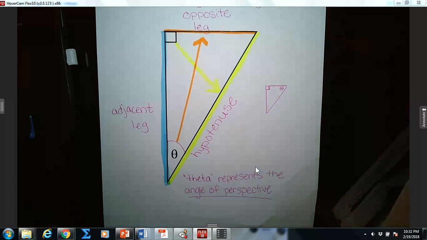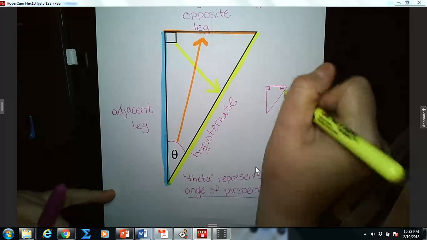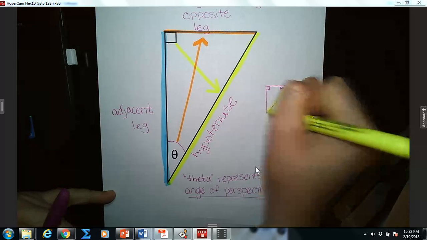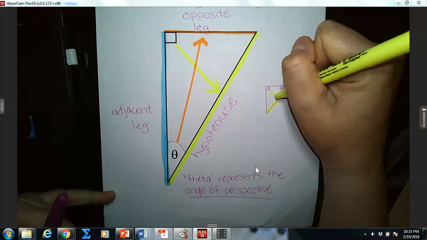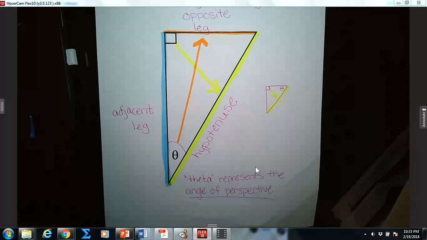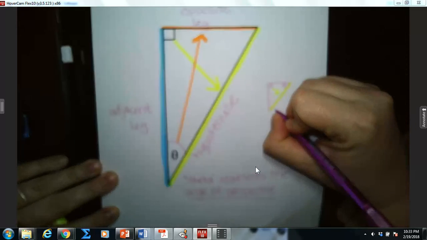And I want to talk about how that changes the position of these legs. Well, first and most important, the hypotenuse has not moved. Remember, the hypotenuse has to be across from the 90-degree angle. So the hypotenuse is still here.